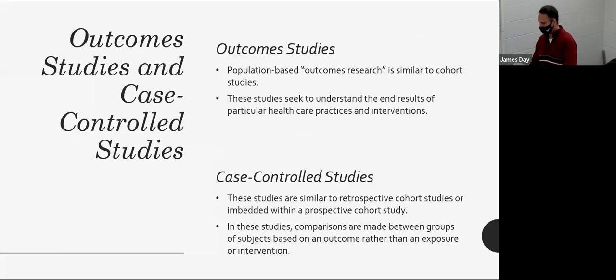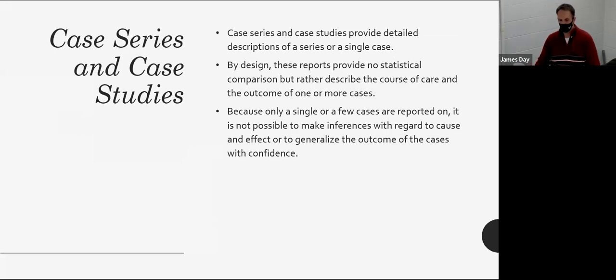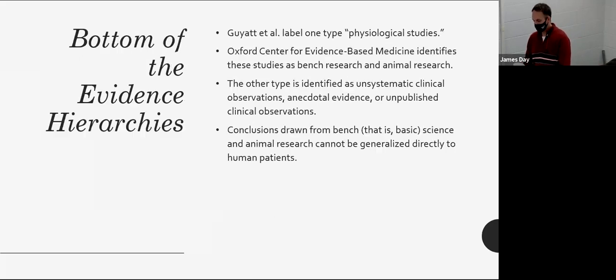Sometimes it's because we're doing smaller groups. All right, and what each of those means are described there as well. Lastly, at the bottom of the level of evidence are bench research, animal studies, and expert opinions.